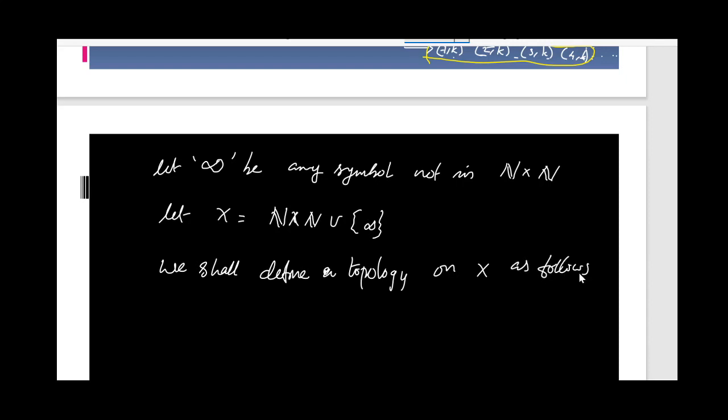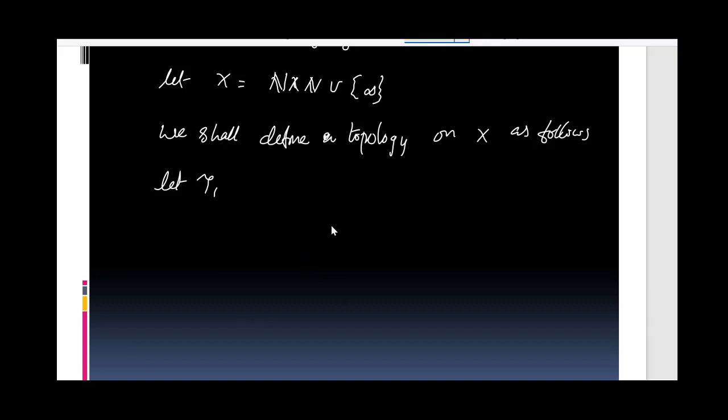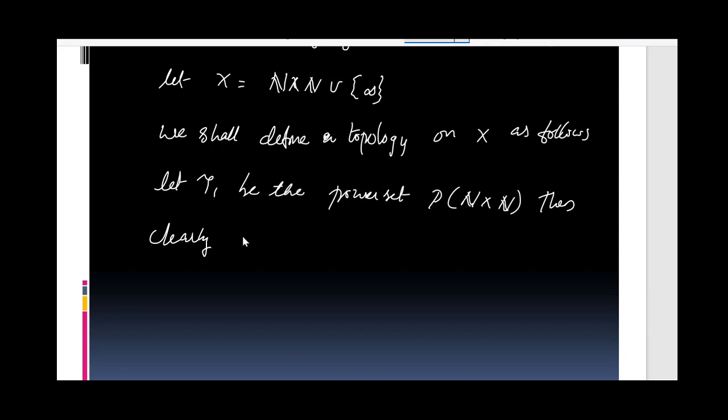Let tau1, or T1, be the power set of N cross N. Then clearly this tau1 is contained in the power set of X.